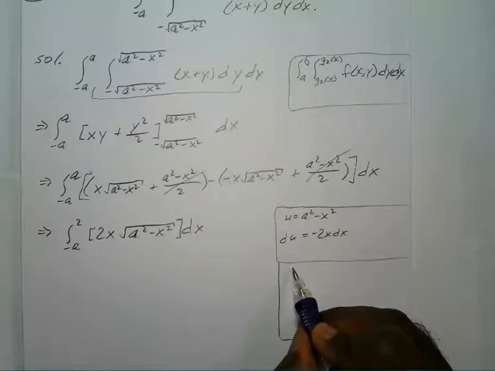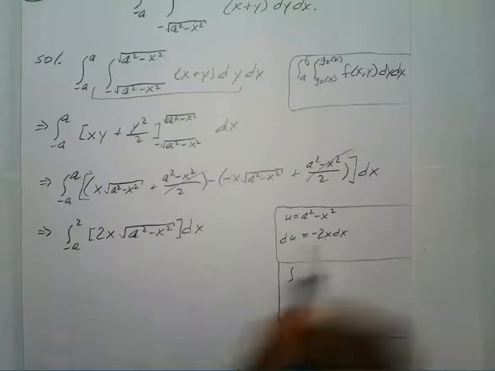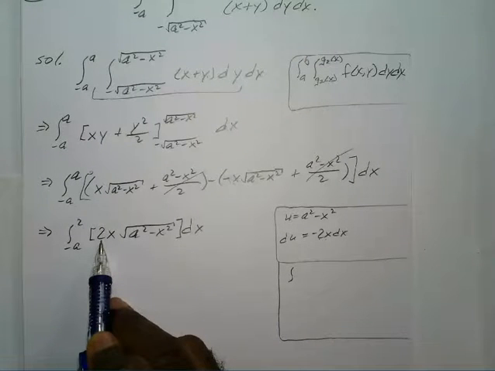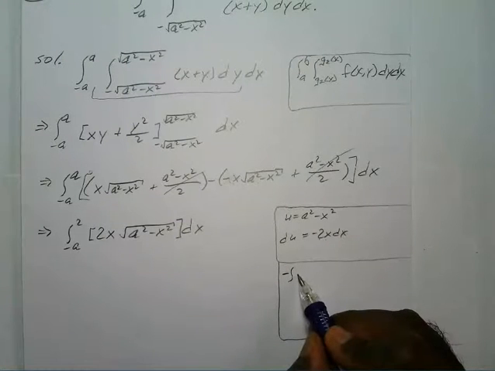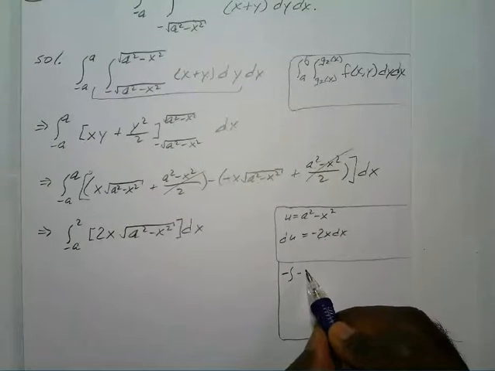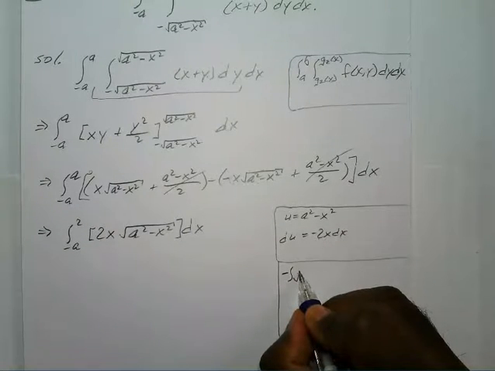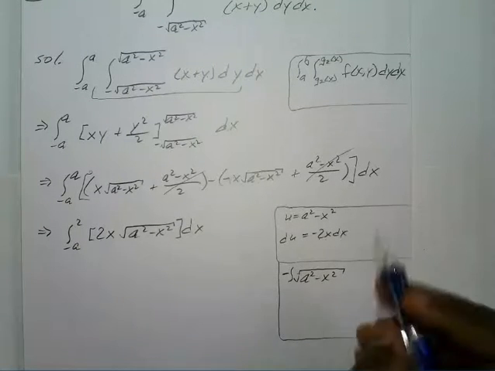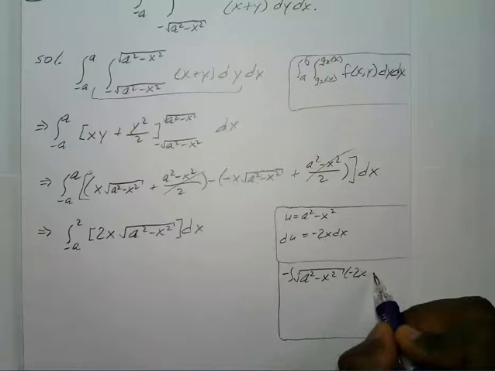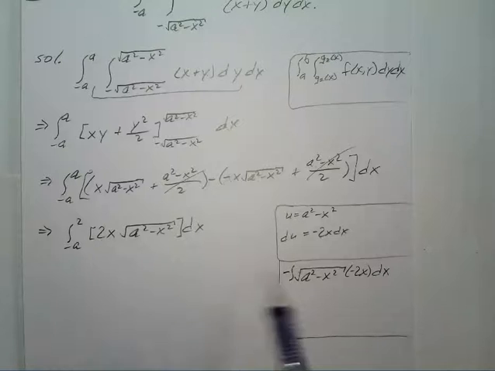So that gives us the integral. We have our 2 here, so to make that a negative 2, we just multiply a negative out here. So we have here our negative, put it right next to each other to make sure it's in the right format. So a squared minus x squared times negative 2x dx. Remember here we didn't change anything, we just added a negative here to counter the negative here.